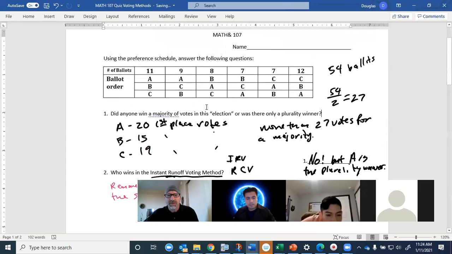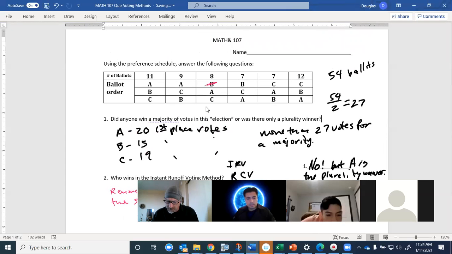So what you do is you come up here, you take B and we say, I'm going to eliminate B here and here and here and here. It really doesn't make much difference down there. But what happens is then C moves up to here. A moves up to here, C moves up to here, C moves up to here, and A moves up to here, and A moves up to here.